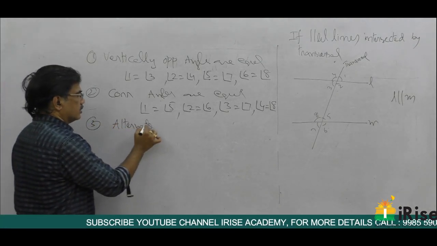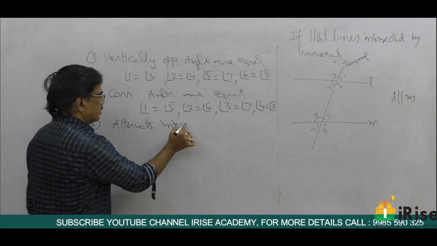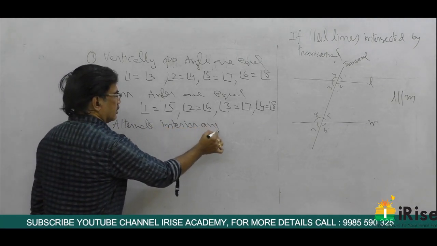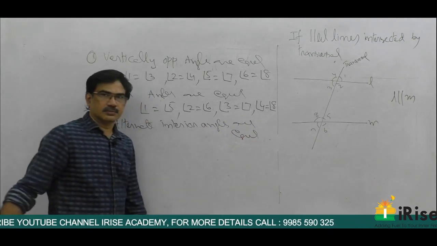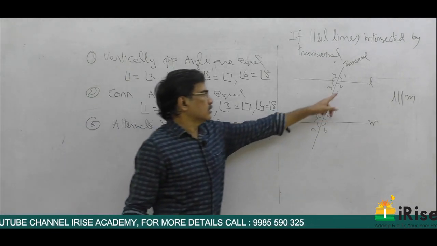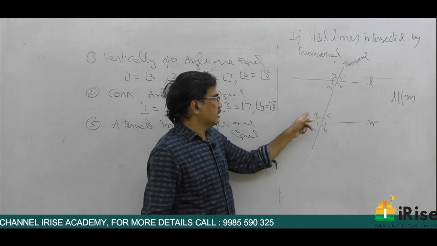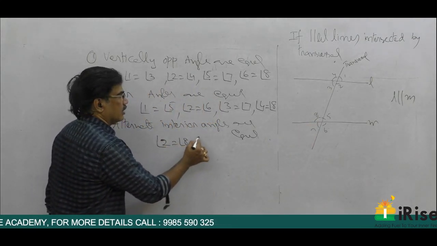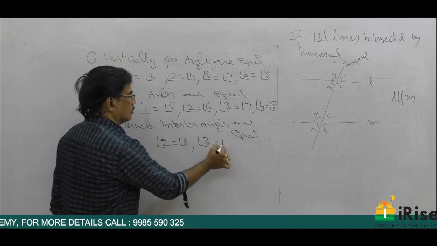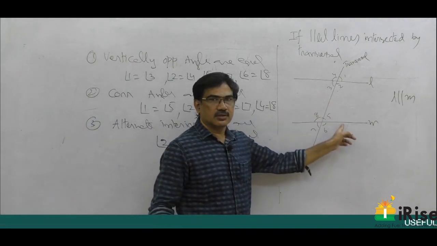Number 3, alternate interior angles are equal. These are interior angles, and alternate interior angles are equal. Angle 2 equals angle 8, angle 3 equals angle 5.